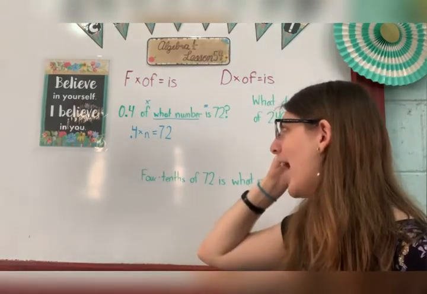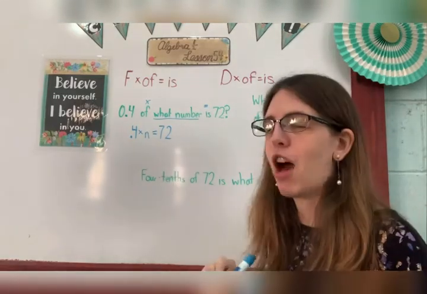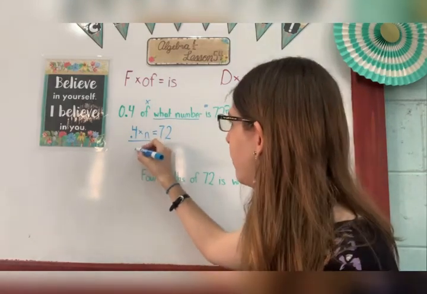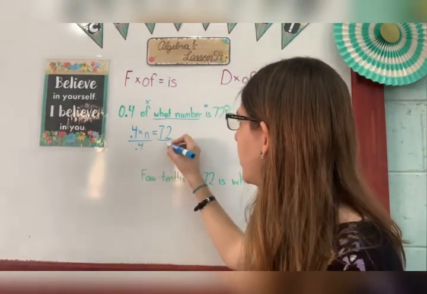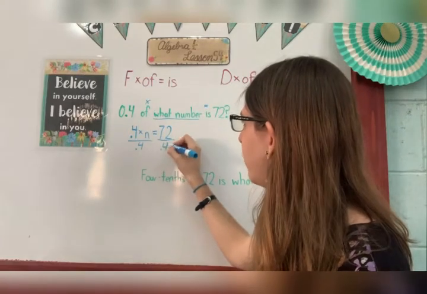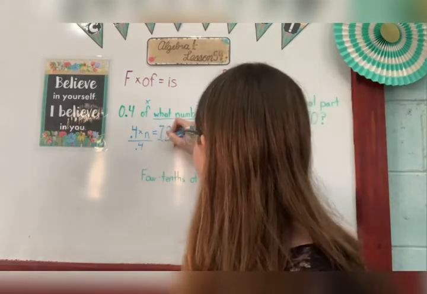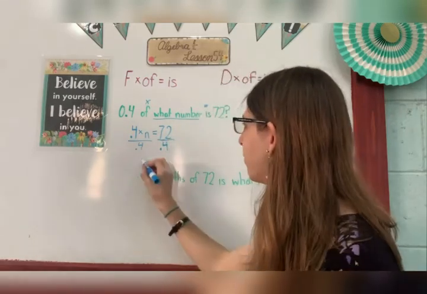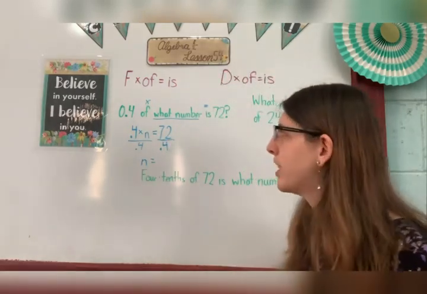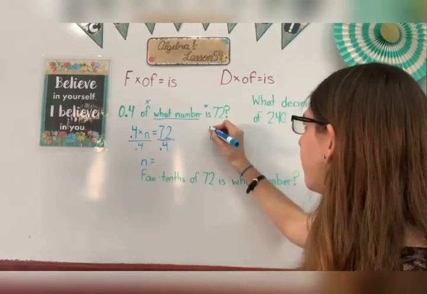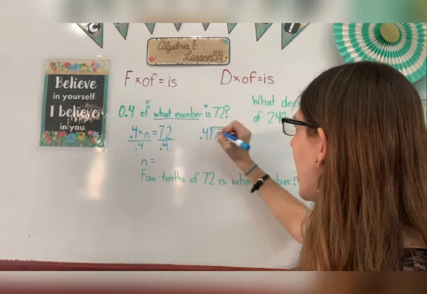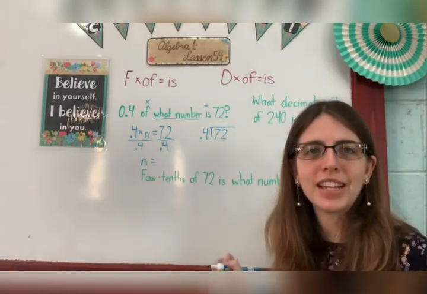Well, to solve for n, I just need to do the opposite. So since I'm multiplying, I need to divide. So I'm going to divide both sides by 0.4. Now, when I do the work to divide, remember that when you divide by a decimal, you have to move your decimal over.